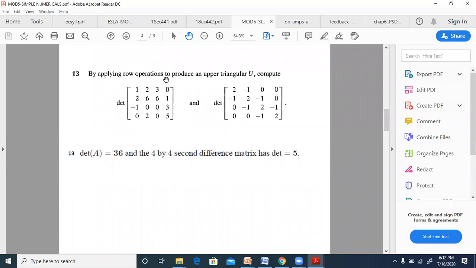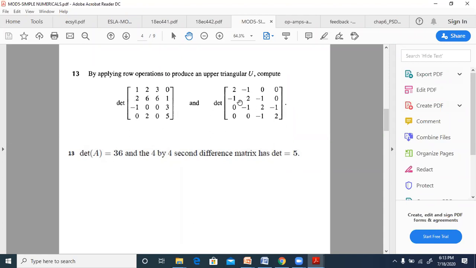By applying row operations to produce an upper triangular matrix, you compute the determinant of this and the determinant of this. So you need to apply the row operations and find the upper echelon form, upper triangular U. That means you should make these zeros. Again, here also we should make these zeros.